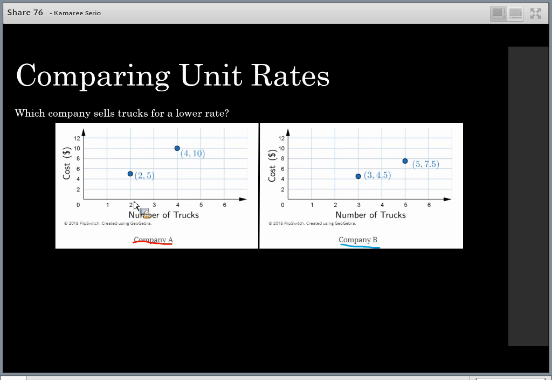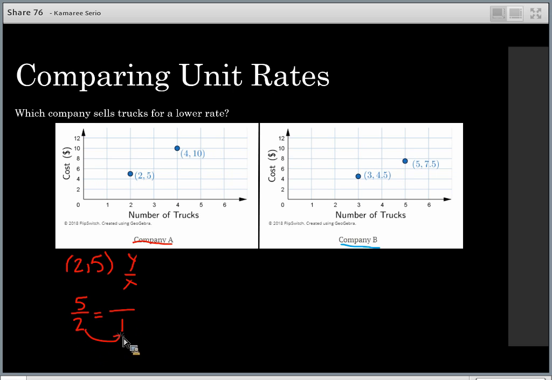Whenever you have any graph, you can pick any point that you want as long as you have the coordinate pair for it. So let's pick that 2, 5, just because the numbers are a bit smaller. Remember, I need to write this as y over x. So I need to have 5 over 2 equal to something over 1.